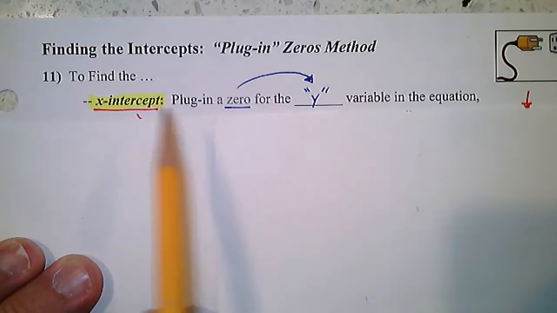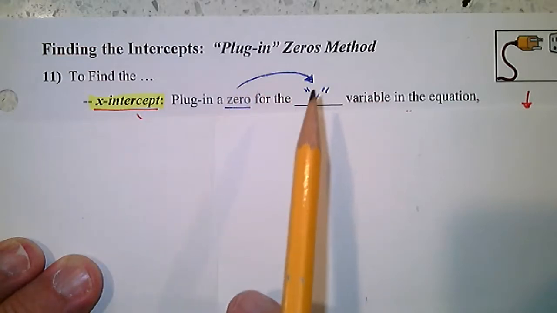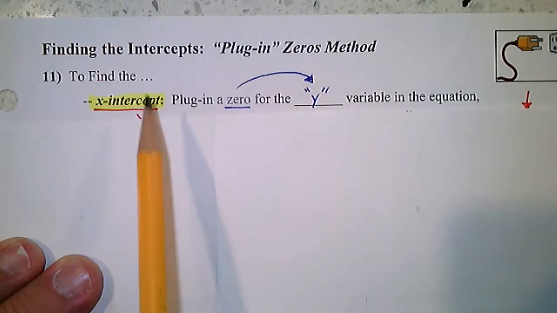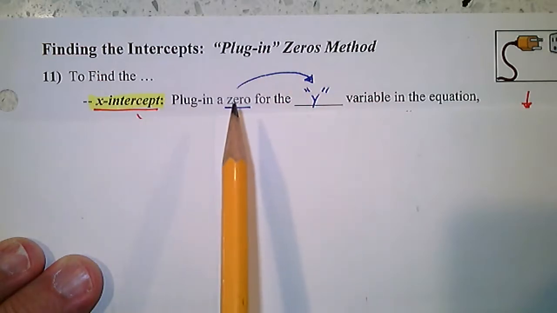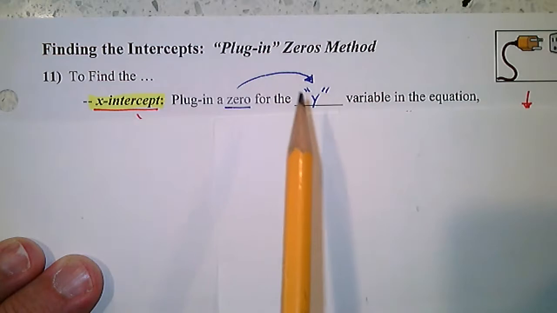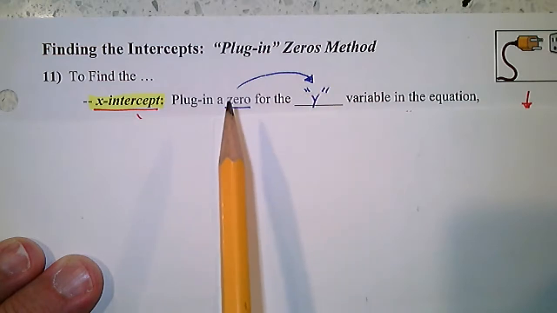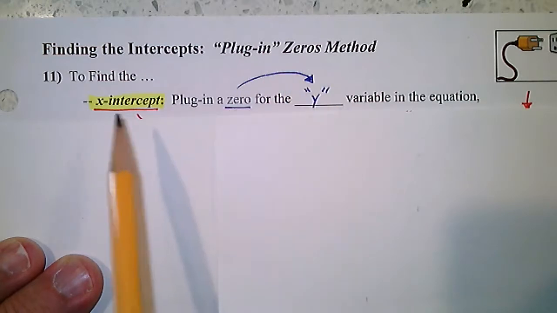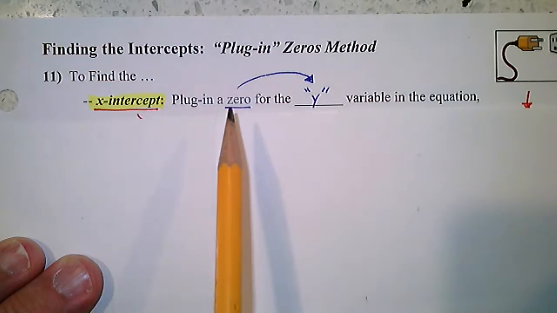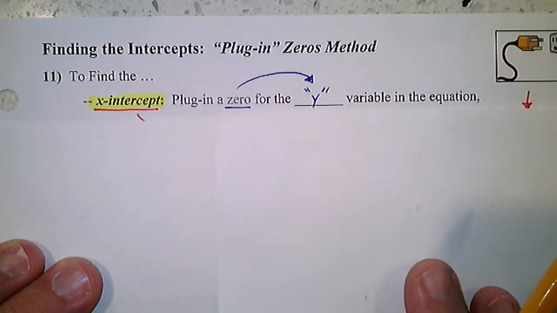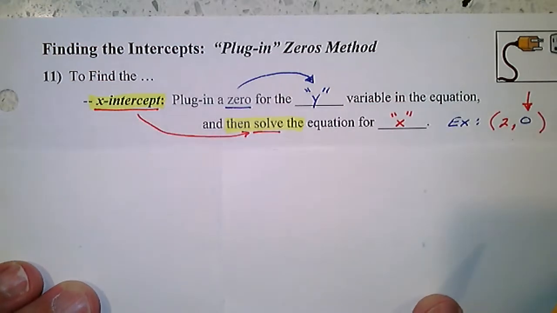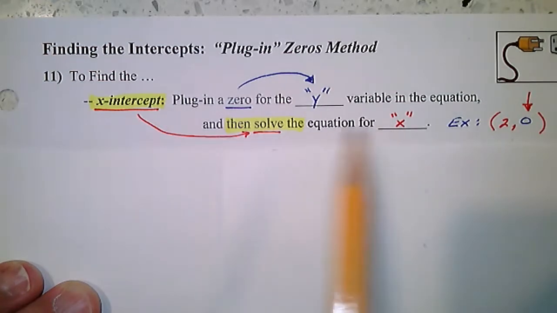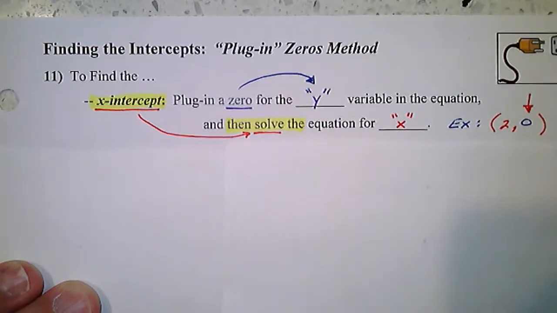If we want the x-intercept, then we want to put a 0 in the y. I know that seems a little counterintuitive. You would think, if we want the x-intercept, why don't we plug a 0 into the x? But we want to actually make the y disappear. If we're plugging a 0 in there, then it's gone for a little bit. So if we want the x-intercept, we plug a 0 into the y, and then we solve the equation for x. We'll do a demonstration in just a moment.